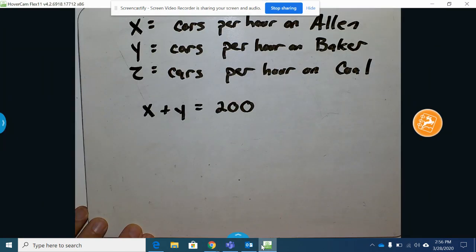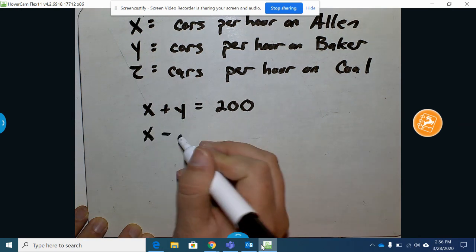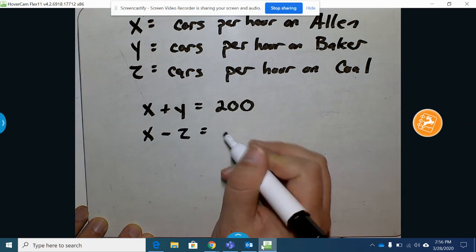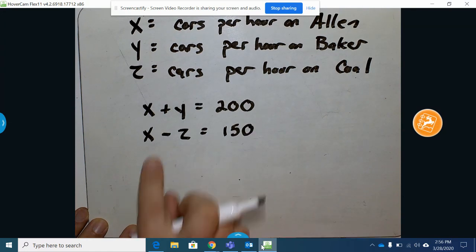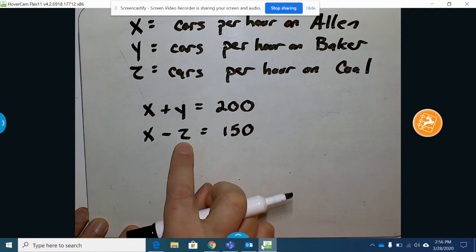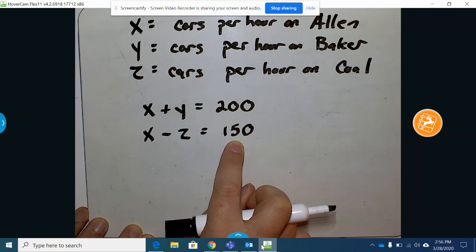So our equation would be that Allen minus Cole would be the 150 cars, the 150 cars that end up on the north end.